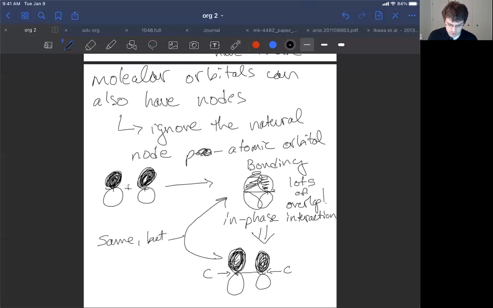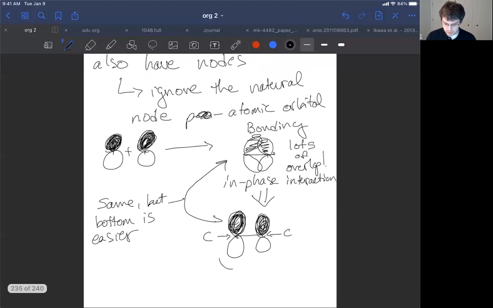So this is again taking two p orbitals and allowing for in-phase overlap to occur. We say that this bonding molecular orbital has 0 nodes. Now you might be like, well, isn't there a node slicing horizontally across that line where I've got the C's? Yes, but we don't count that one when we're looking at molecular orbitals, okay? We just prefer to say that the nodes start at 0, okay? So there's no nodes here.